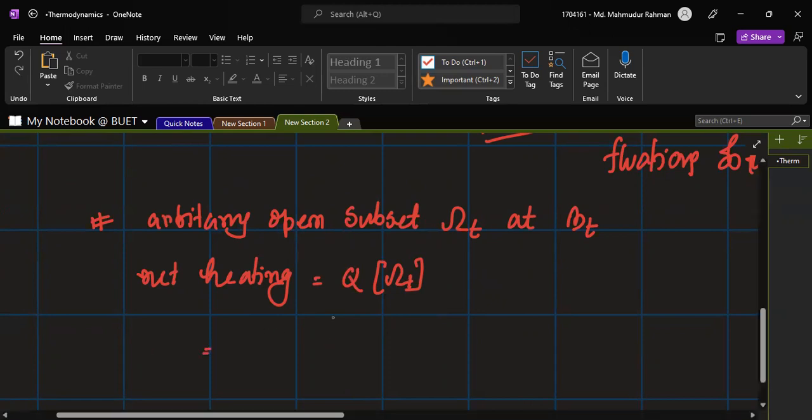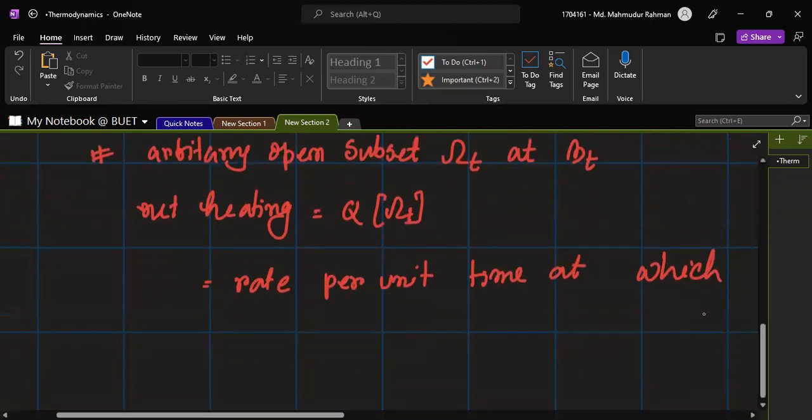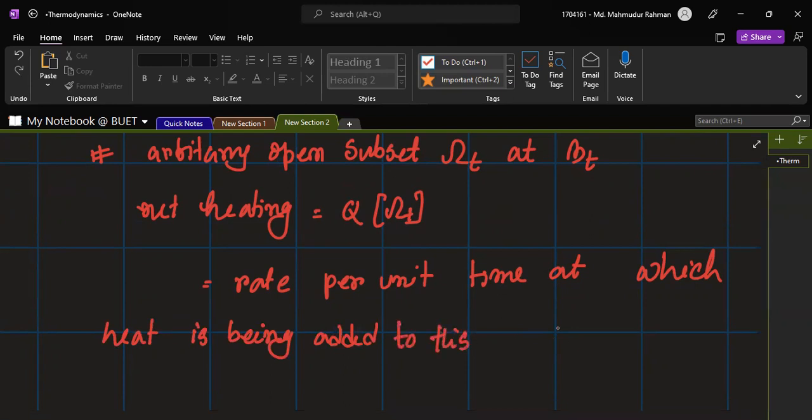Net heating is the rate per unit time at which heat is being added to this subset that we are dealing with, the subset that is in the configuration space Bt.